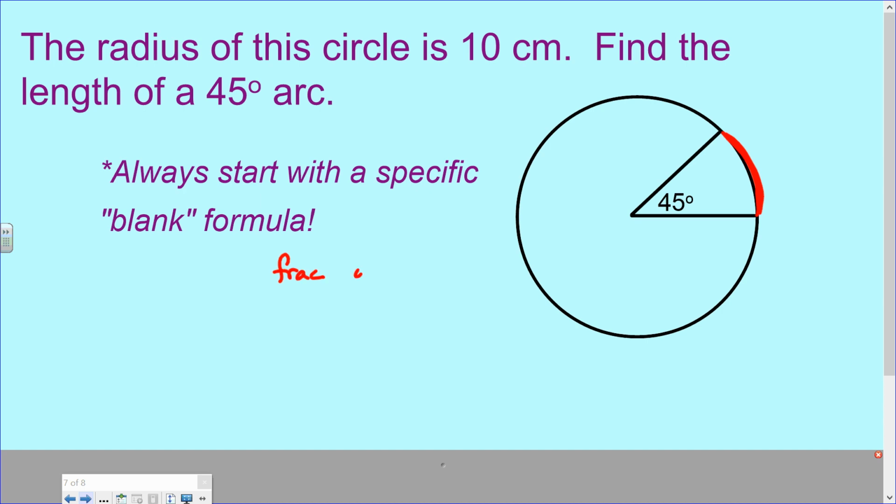You don't necessarily have to write this, I'm just trying to remember how I do this. So let's see, my blank formula. Who could type in what my fraction needs to be? What is my fraction that I need on this one? Type that in the chat. Just the fraction. What fraction am I talking about?